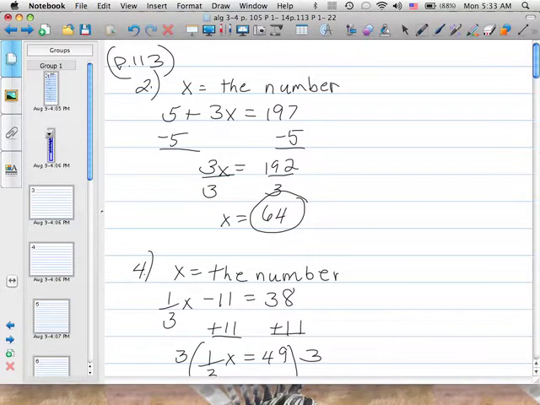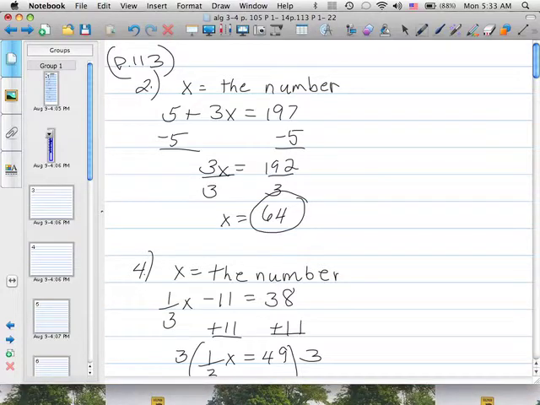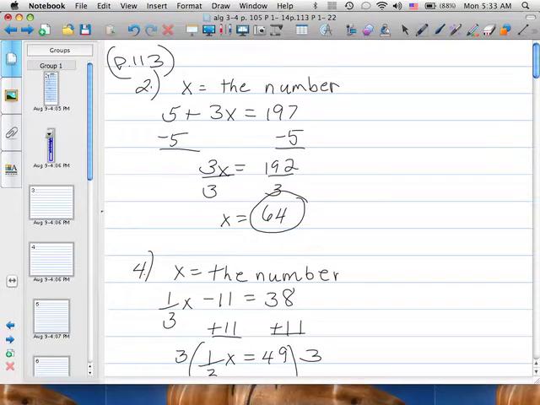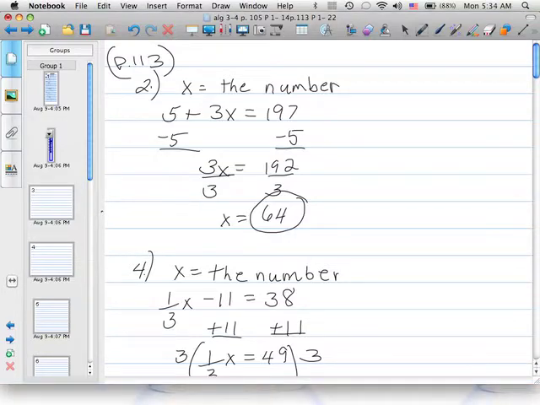For every hour it burns, it uses 0.075 kilowatt hours of energy. So 0.075x equals the total energy used, 3.3. Divide by 0.075 on both sides, and we get x equals 44 hours.